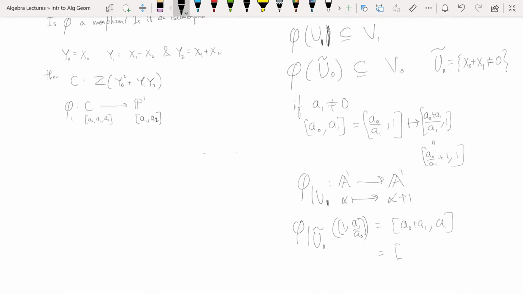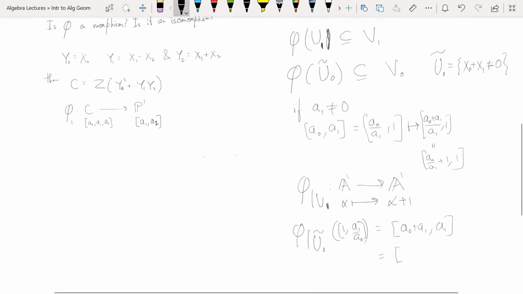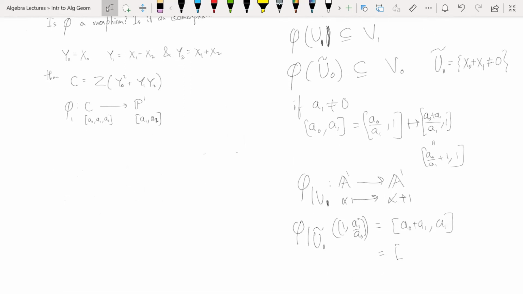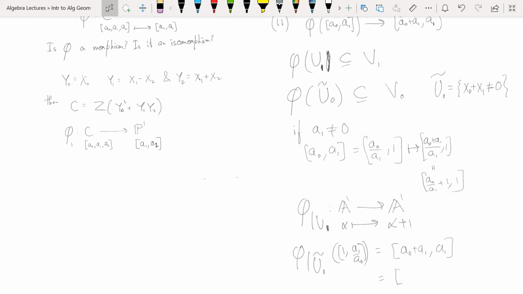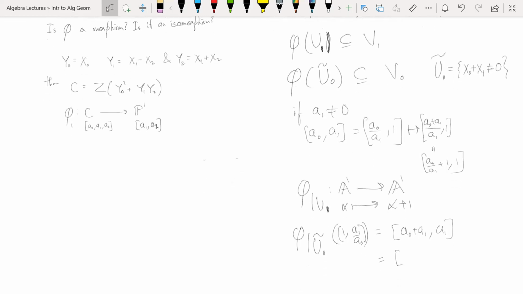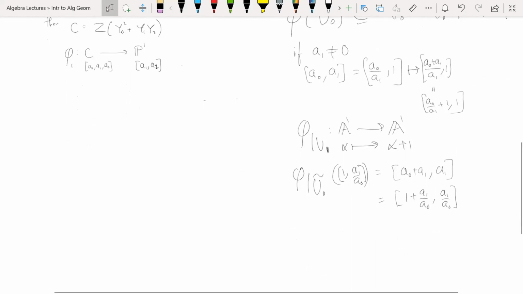Now, but what is the map? I want to write it as something in terms of A1 over A0. So let's just divide by A0 and see what we get. What we get is 1 plus A1 over A0, comma A1 over A0.